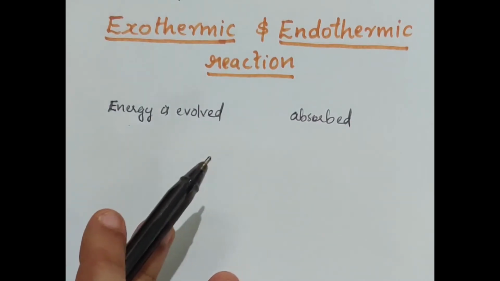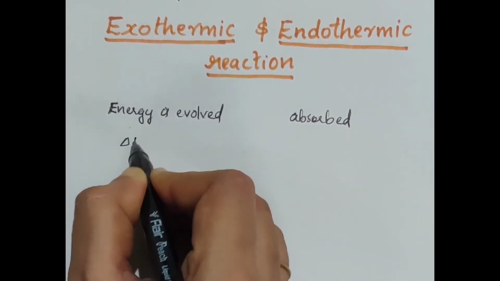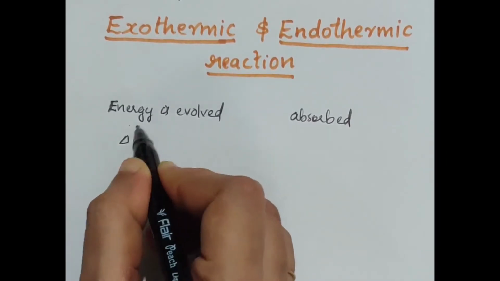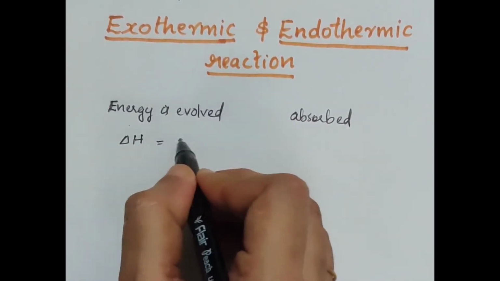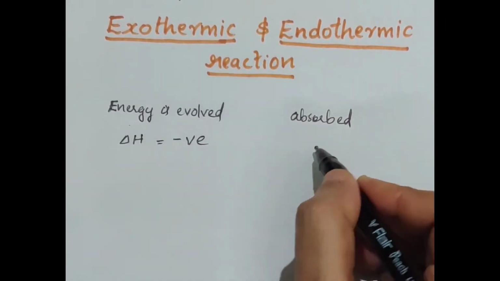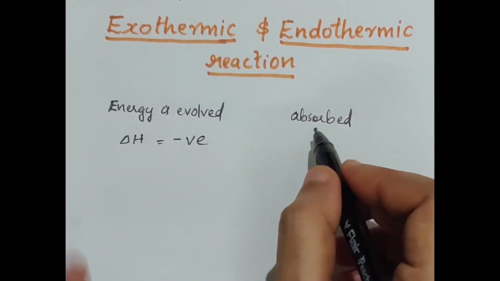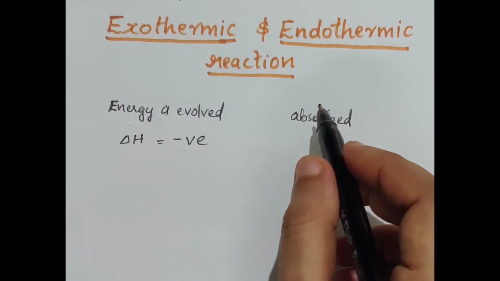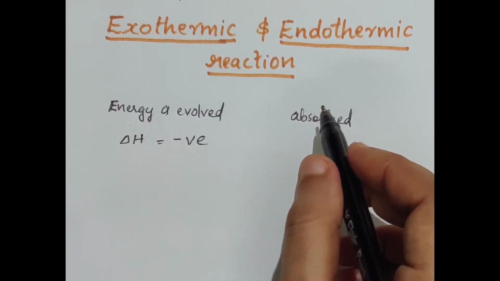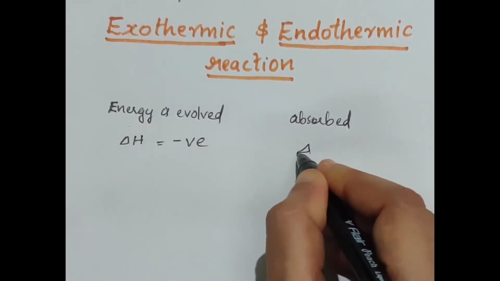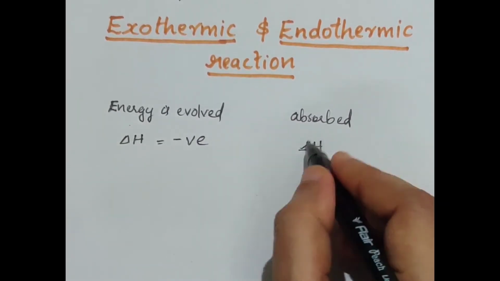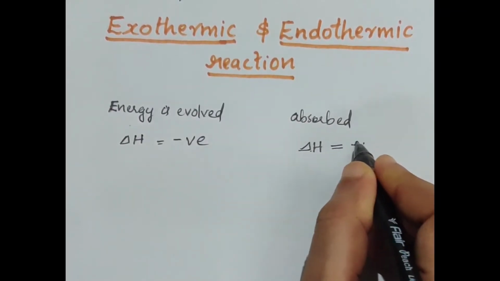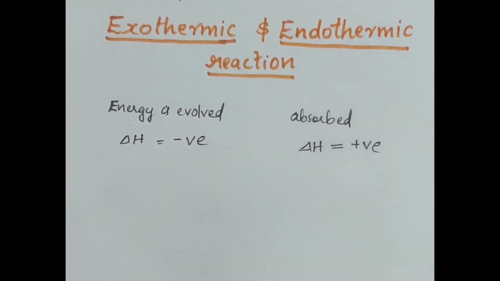Hence we can say that the value of delta H for an exothermic process is negative, and in the case of an endothermic reaction, there is an increase in the enthalpy of the system since heat energy is absorbed. Hence the value is positive.